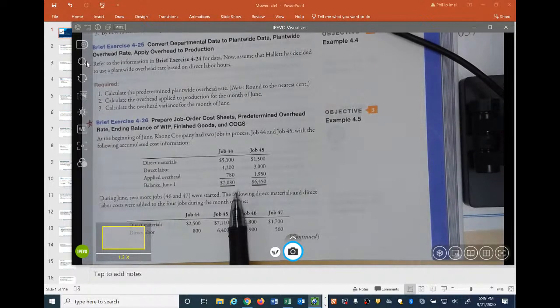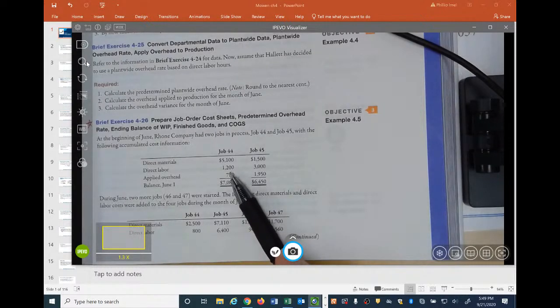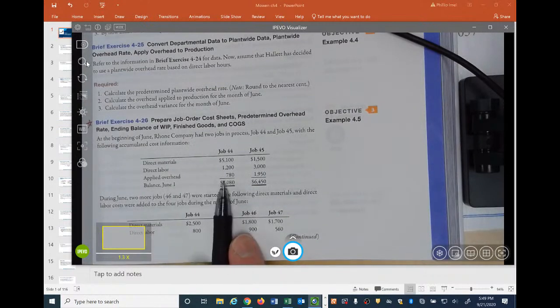Is that the one you went with? Okay. So go ahead. What were you saying? What's your denominator? The denominator is direct labor. Direct labor. Right. Everyone see that? So the 780, and what was the 780? Yeah, 780 is your numerator, your applied overhead, over the direct labor of 1,200, right?